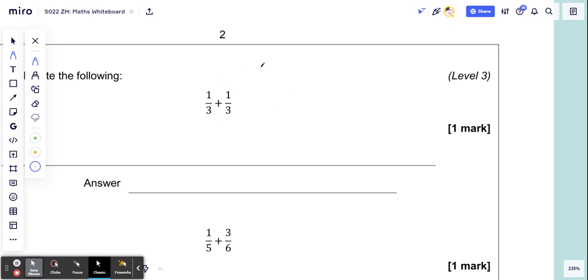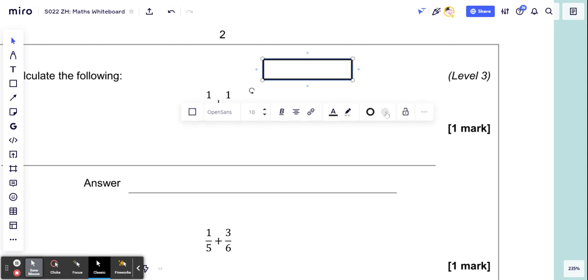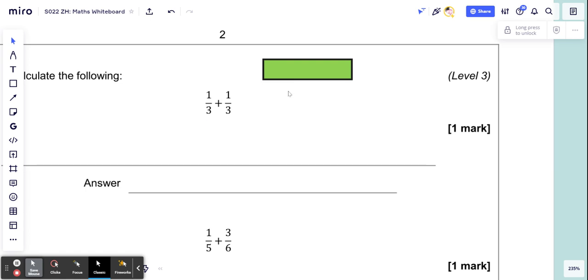If you drew a fraction, if you do an object, let's say this rectangle right here, if we said that's one thing, one rectangle, then we chop it up into three.